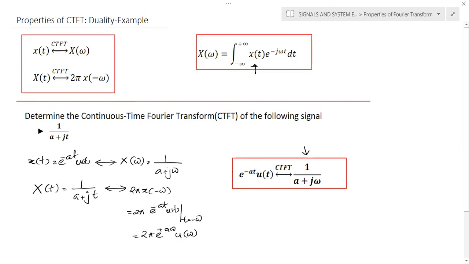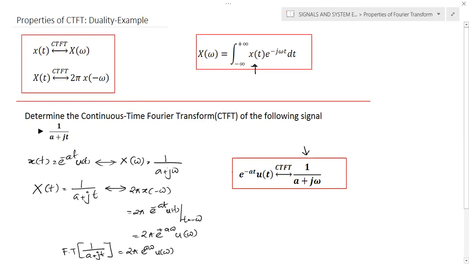So the final answer, the Fourier transform of the signal 1 by a+j into t, can be written as 2 pi e raised to a omega into u of omega. This is the final result for this question.